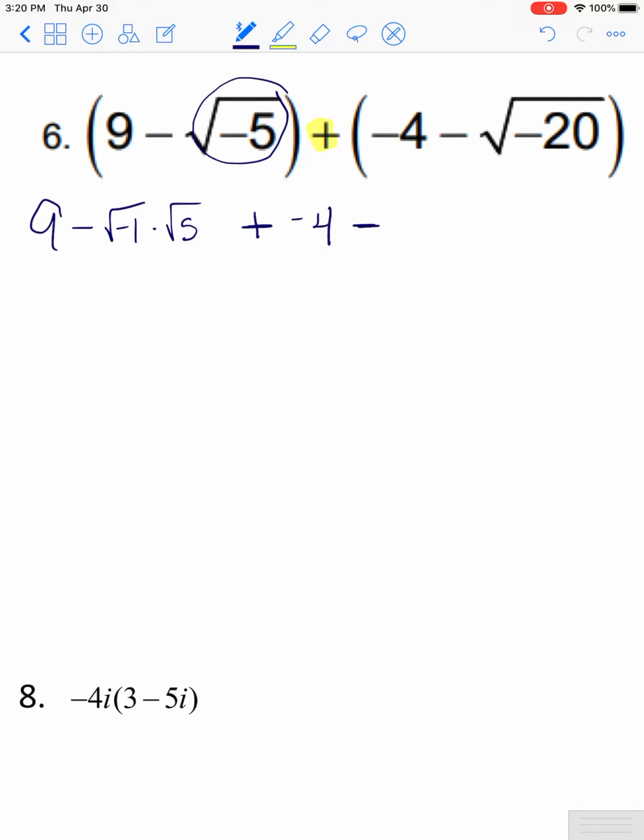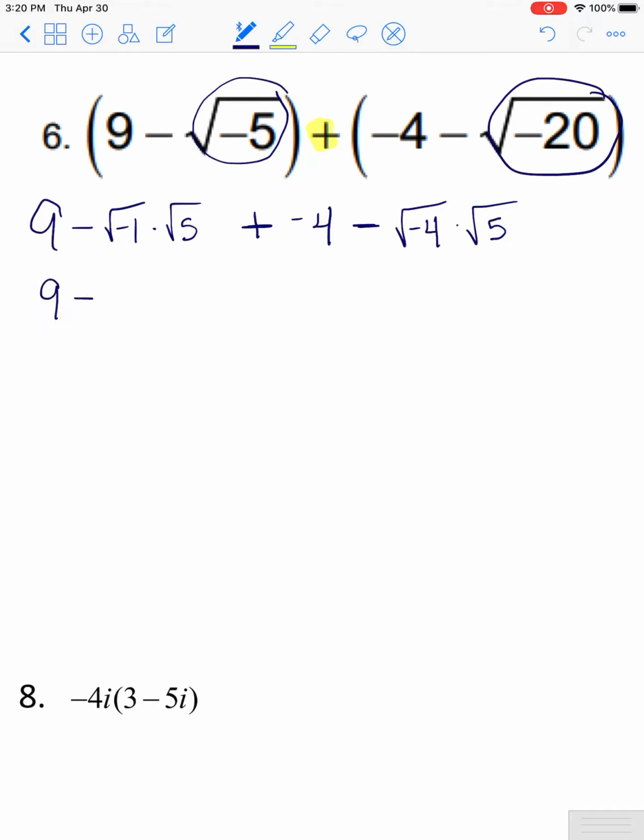Plus, I have a negative 4 minus, now the square root of negative 20, that's also not a nice number. So I'm going to split this up into the square root of negative 4 times the square root of 5.